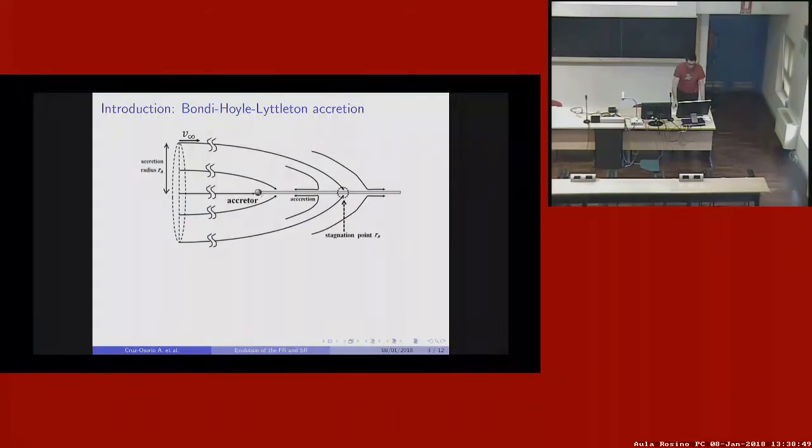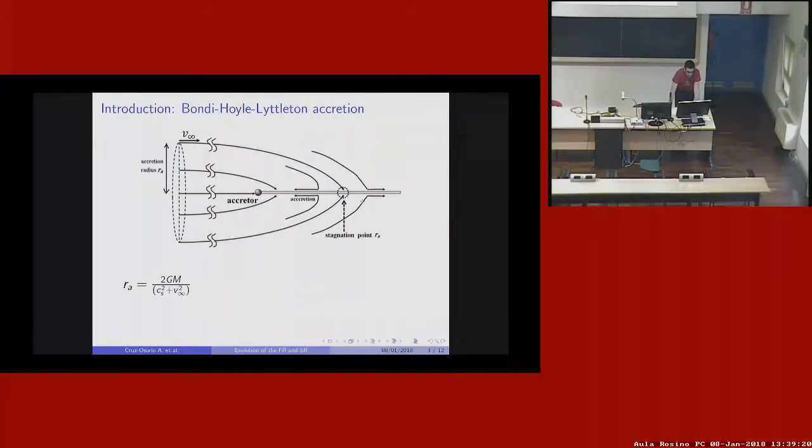And if we consider the ballistic orbits, we can define the accretion radius such that gas approaching the central body would collide on the accretion column and will be left with insufficient kinetic energy to escape from the gravitational potential of the central body.